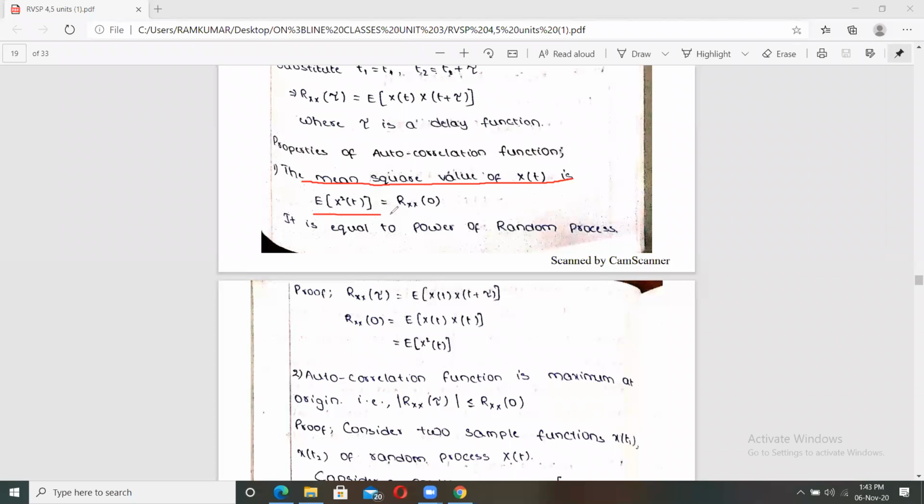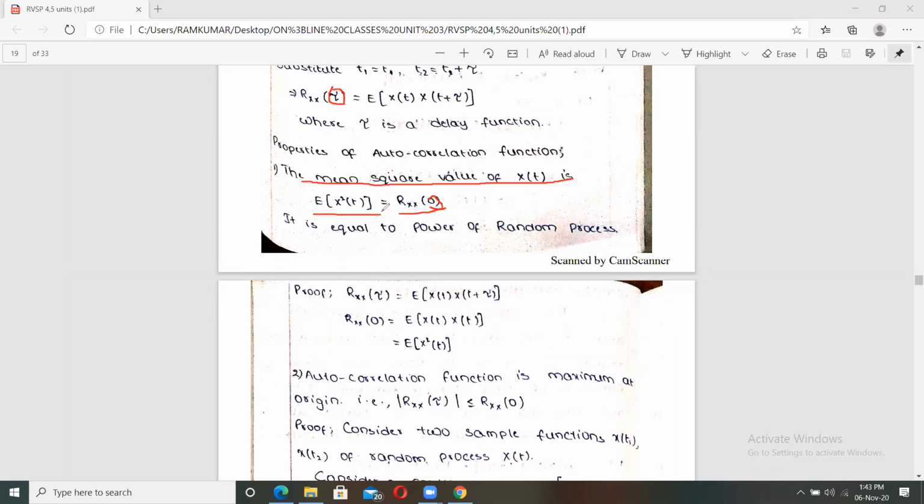It is equal to R suffix double x of 0, right? That means this is the property. We have to prove this property. R suffix double x of 0 means here in place of tau we will get 0. E of x square of t is equal to R suffix double x of 0.